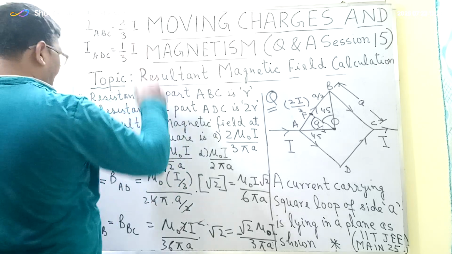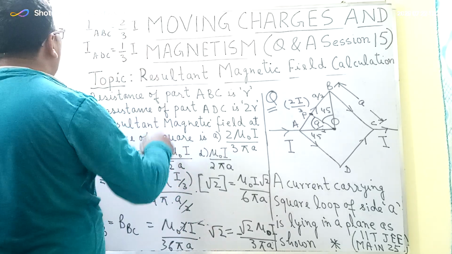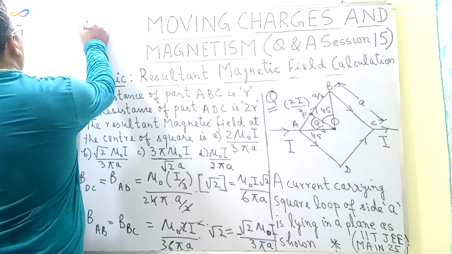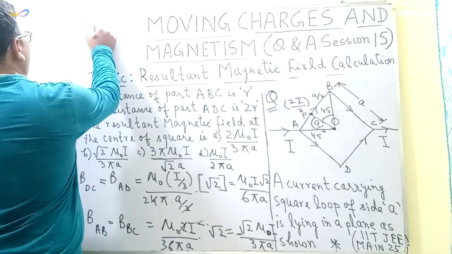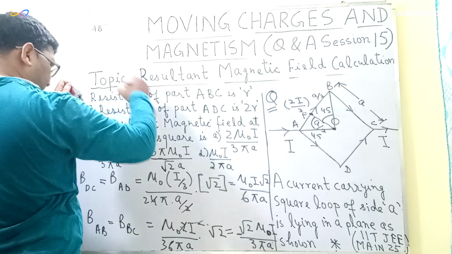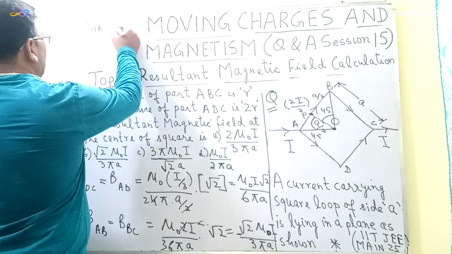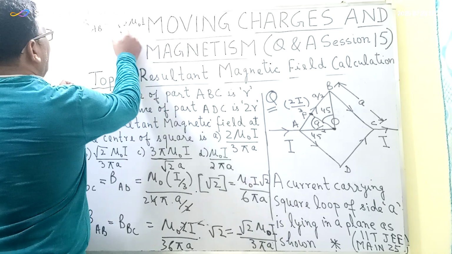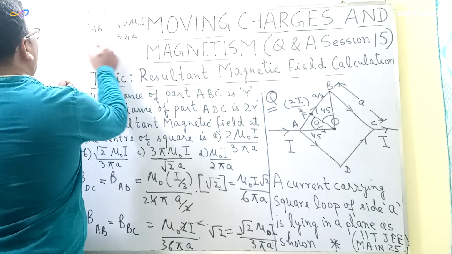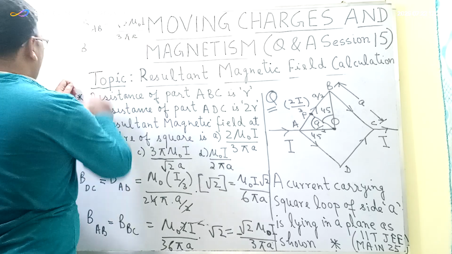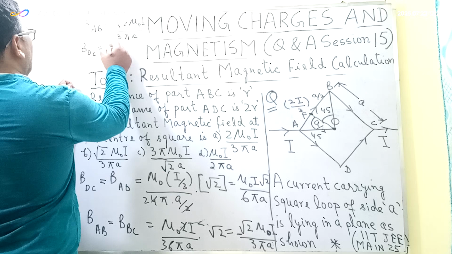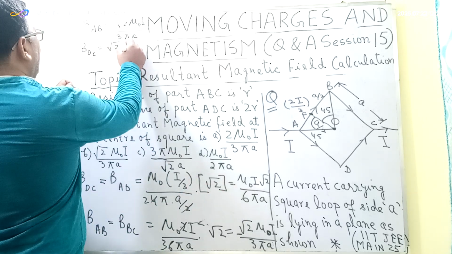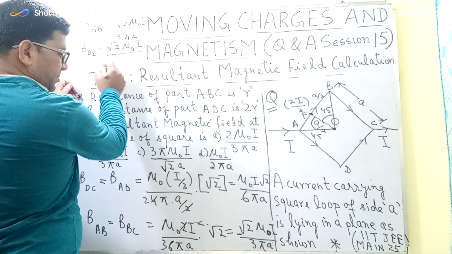Now we have to simply find the resultant magnetic field. So in order to find the resultant magnetic field, I will first of all write down the value of the magnetic field due to the part AB, which is equal to minus root 2 mu I upon 3 pi a, and the magnetic field due to the part DC, this is equal to root 2 mu I upon 6 pi a.